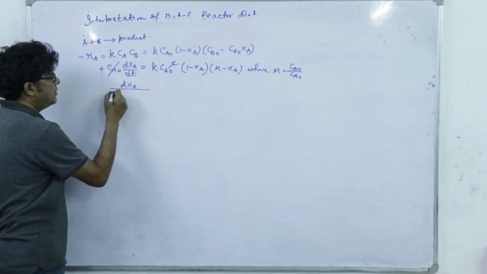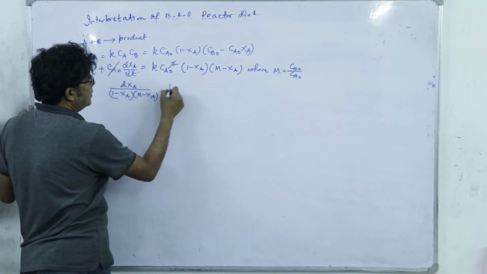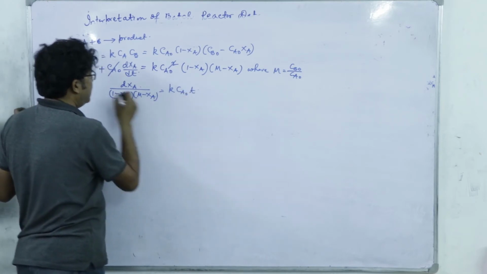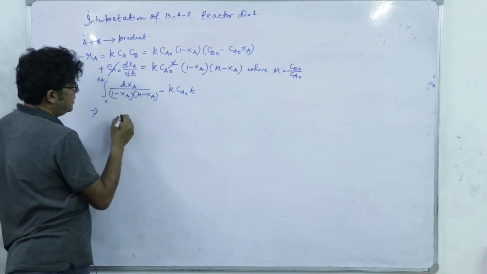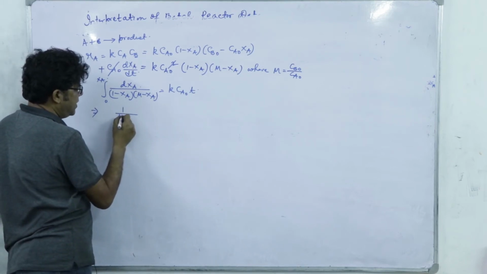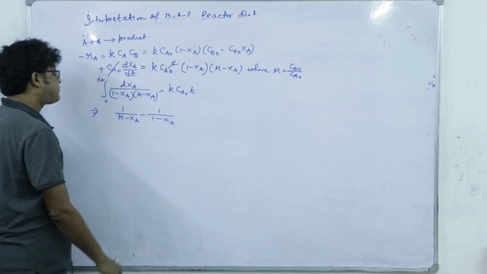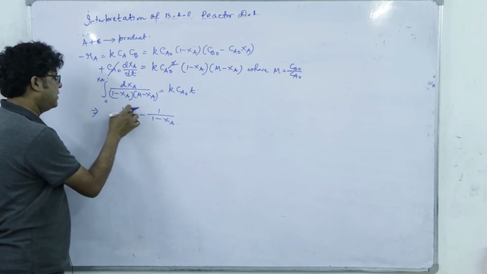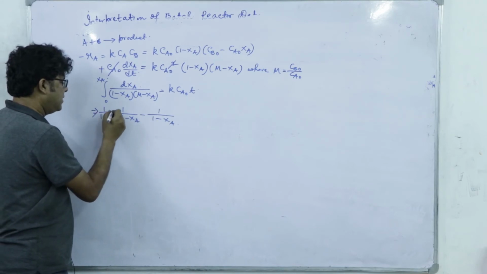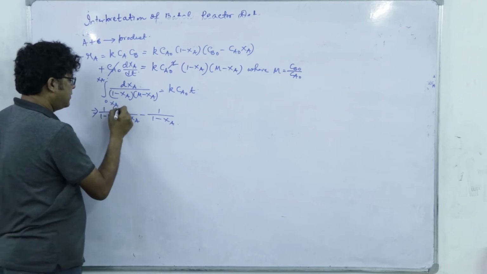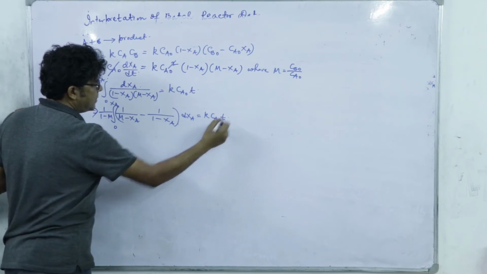So, dXa divided by 1 minus Xa into M minus Xa equal to k into Ca naught into t, and here the integration will be 0 to Xa. So, you see that 1 divided by M minus Xa minus 1 divided by 1 minus Xa, this is 1 minus Xa minus M plus Xa. So, 1 divided by 1 minus M, integration 0 to Xa dXa equal to k Ca naught t.